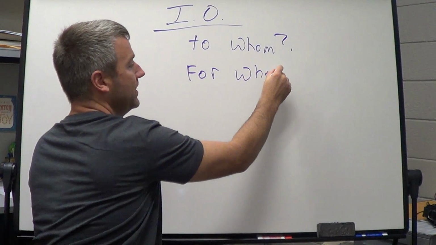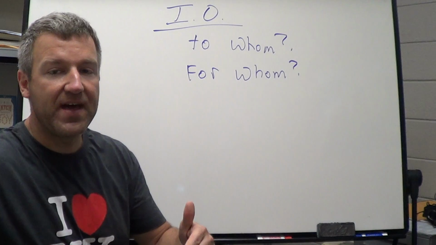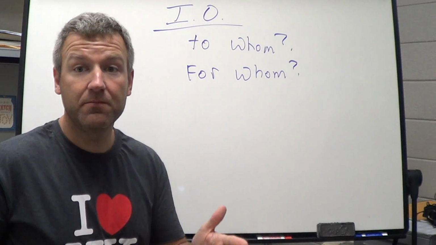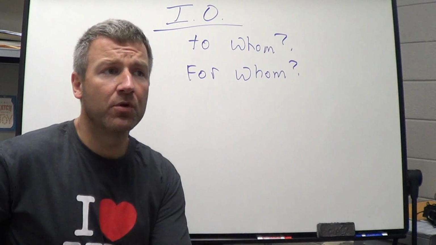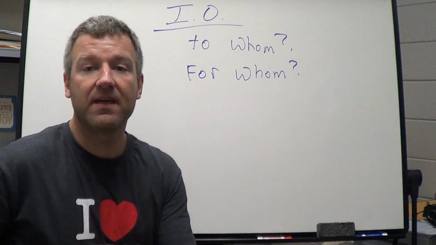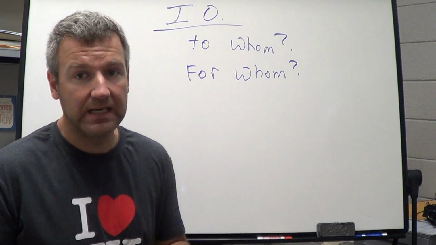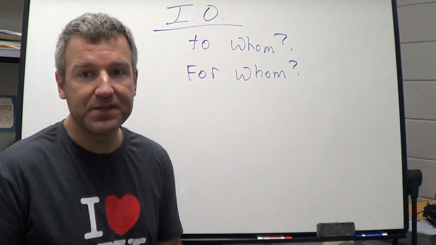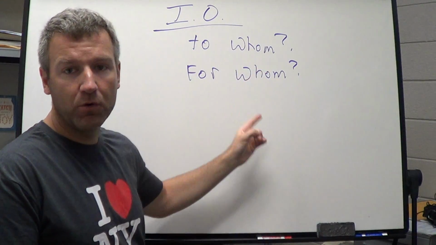The interesting thing about our indirect objects is that, at least for our purposes, they're going to be referring to people, not to objects. If you remember, with the direct objects, they could refer to people or to things, but for our purposes in Spanish 2, our indirect objects are just going to be referring to people. So you have to whom or for whom.